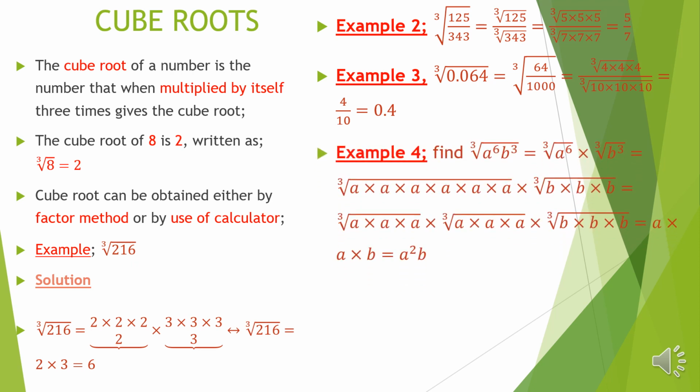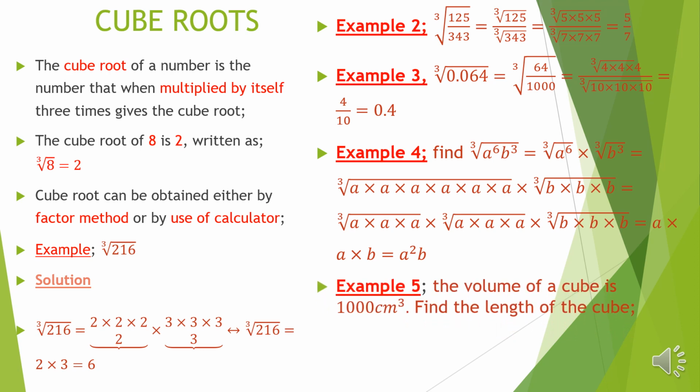Thirdly, you are given the cube root of an algebraic expression, with letters: a to the power 6 times b to the power 3. You can distribute the cube root to have the cube root of a power 6 multiplied by the cube root of b power 3. We expand a to the 6 to have a multiplied 6 times, and b multiplied 3 times.